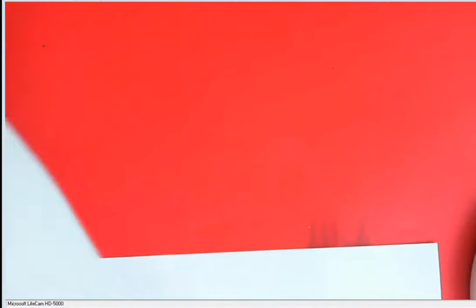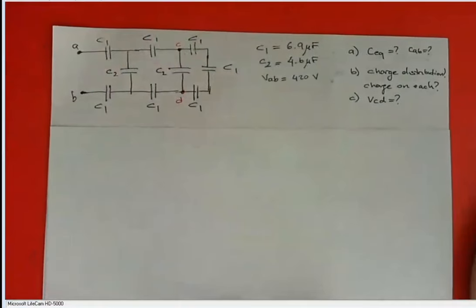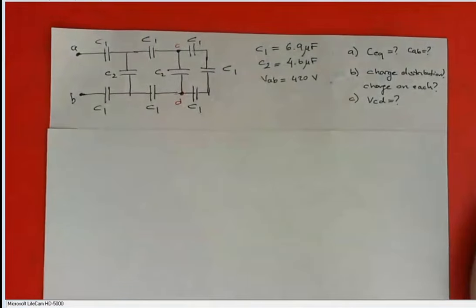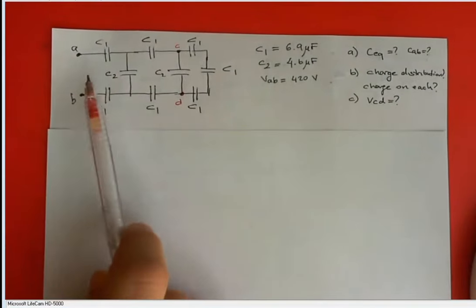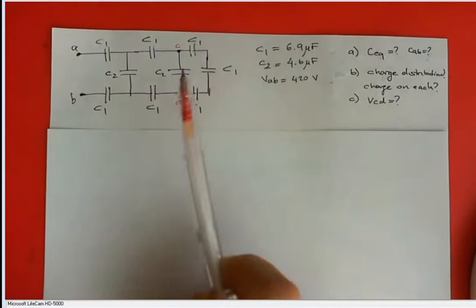Alright, so this is from our textbook. I don't remember the number of it. What we have here is C1, C1 on the sides, C2, C2 here, and C1 here.